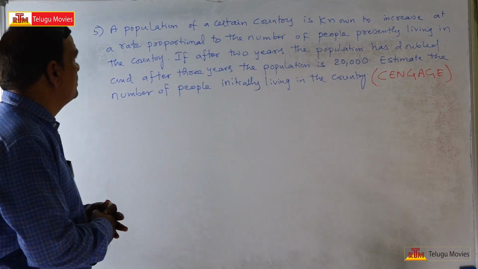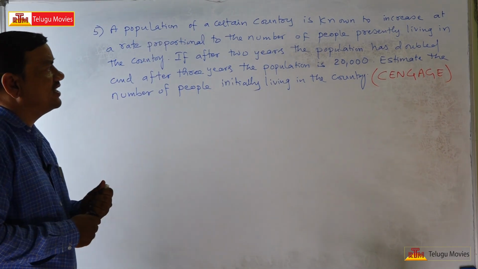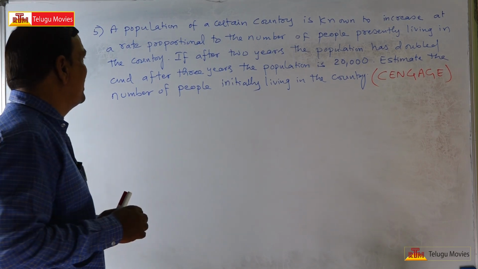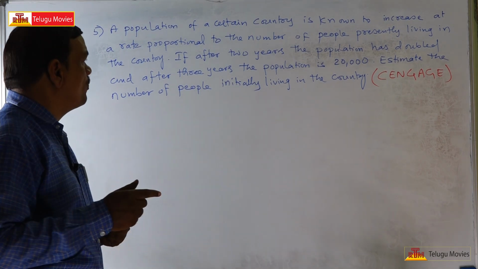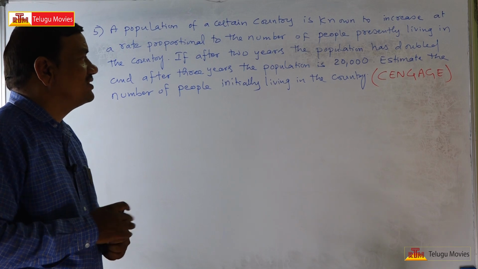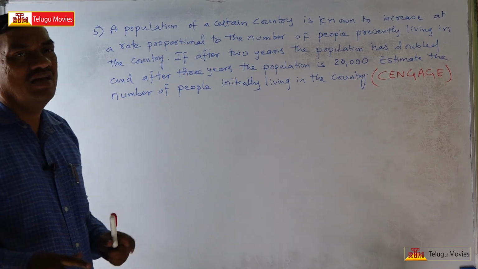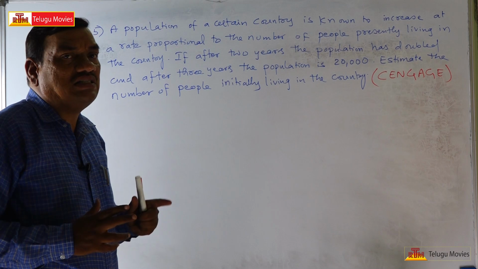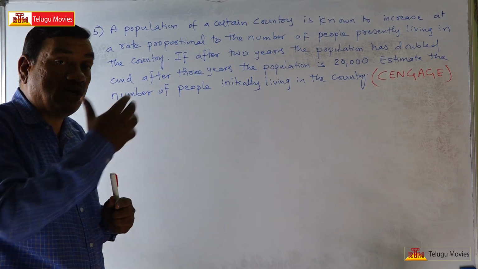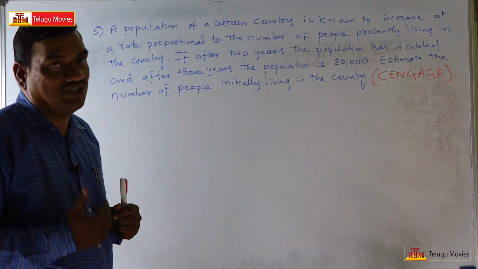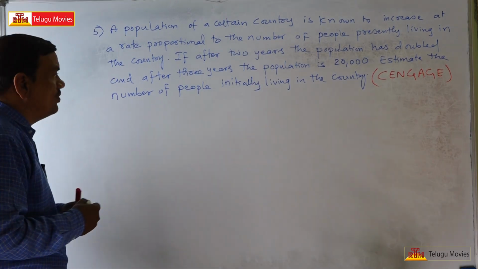The first sentence is that the population of a certain country is known to increase at a rate proportional to the number of people presently living in the country. That is the first sentence that you have to keep in mind. From that only you will get one equation. So first we will start the problem.